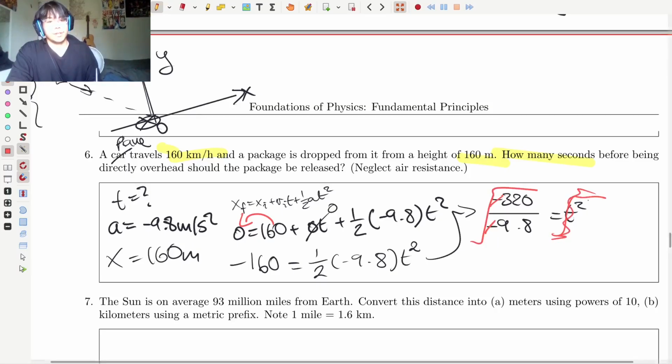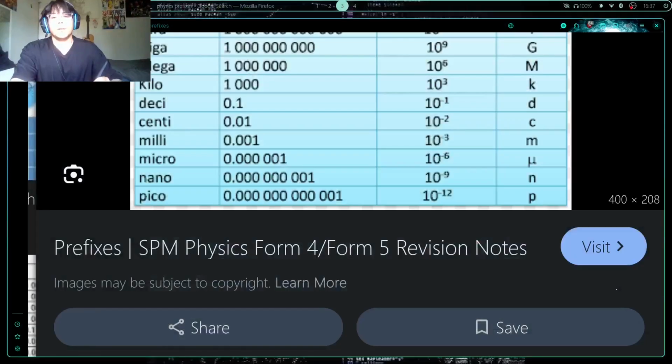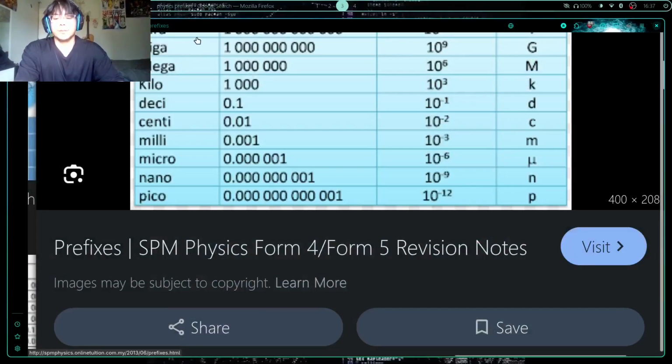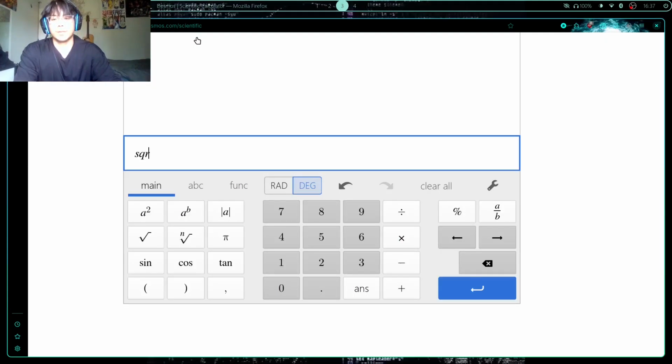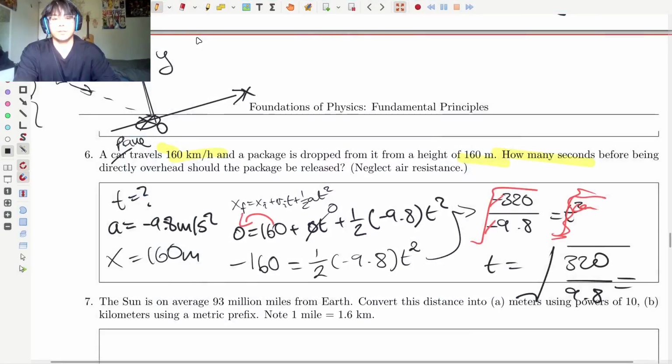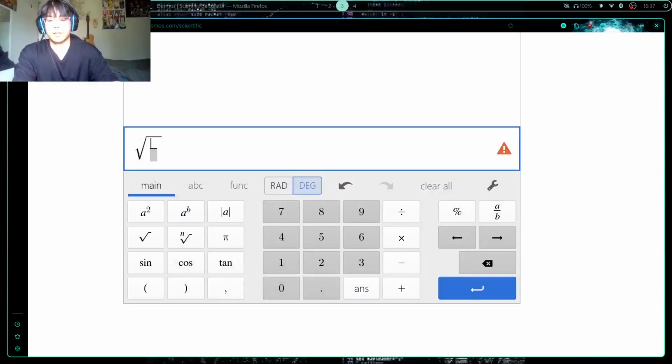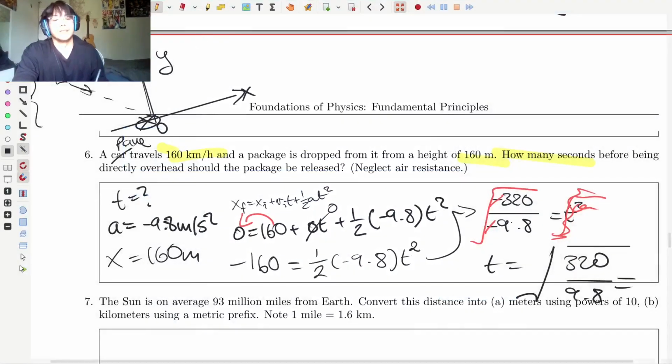This square root cancels with the square, so then what we get is t is equal to the square root of 320 over 9.8, which we find to be 5.71.